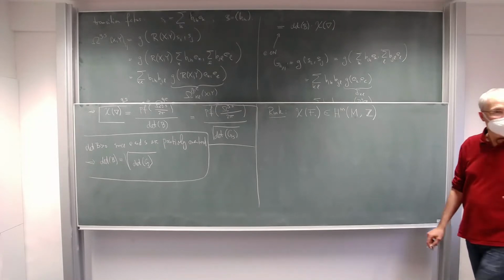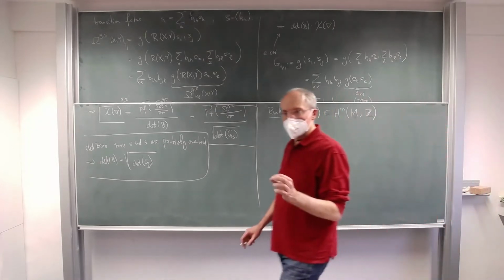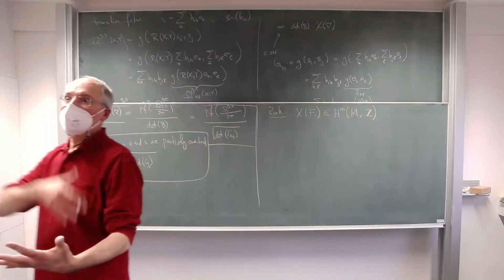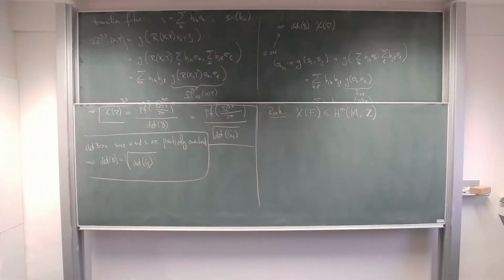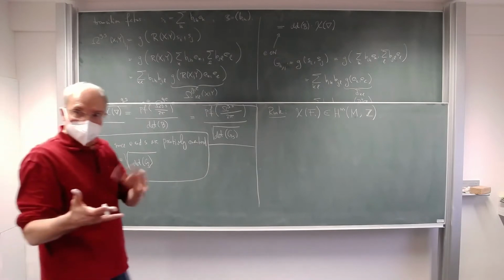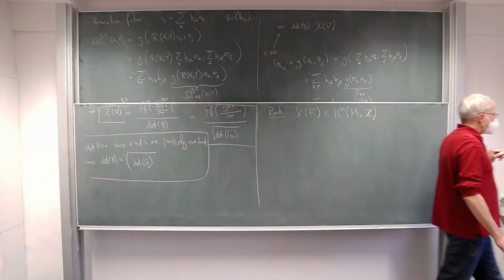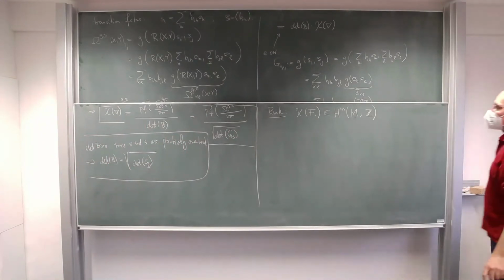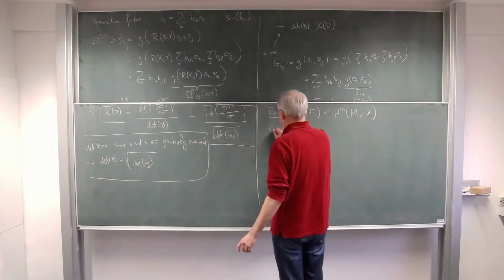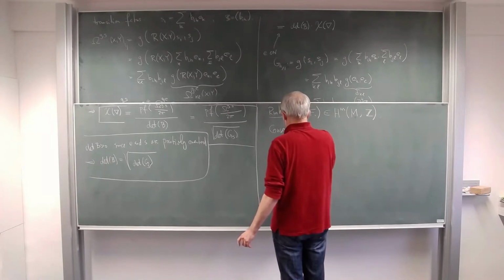You see this also from the Gauss-Bonnet theorem. If you flip the orientation, the integral changes sign, but it has to give the same result as before, the Euler number, so the class must also flip sign. But does it depend on the metric? And the answer, as a consequence, is no.